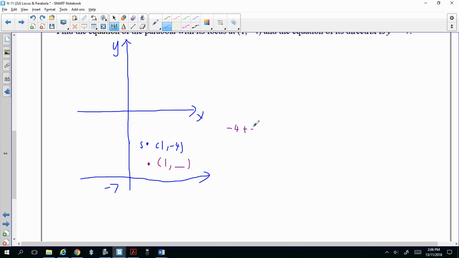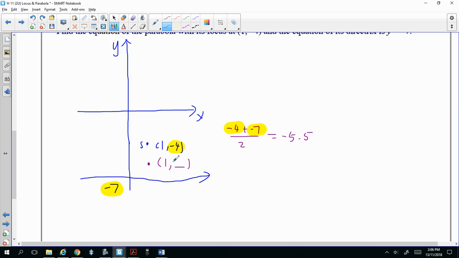Average them. You can use a calculator. You will get the answer minus 5.5, isn't it?